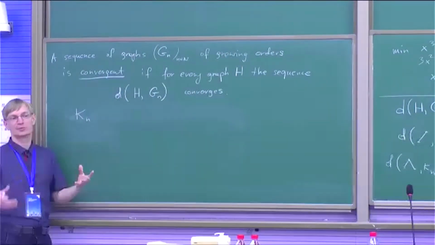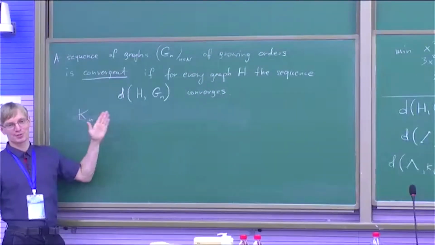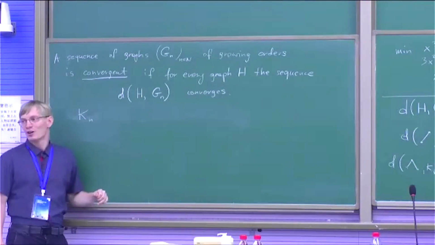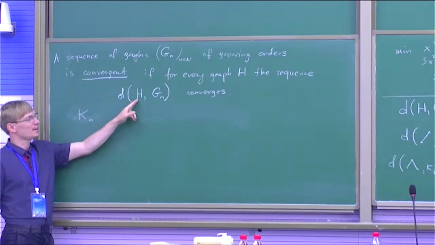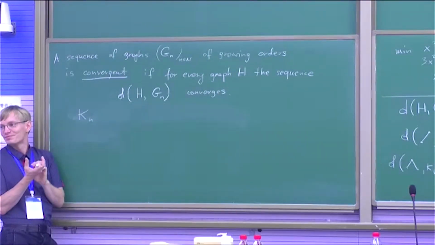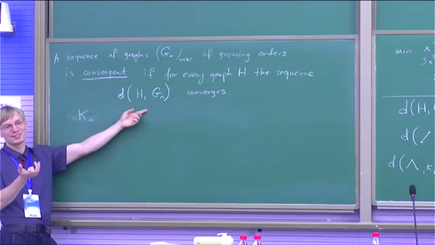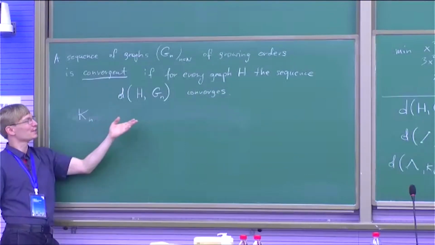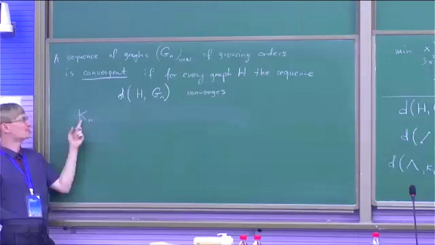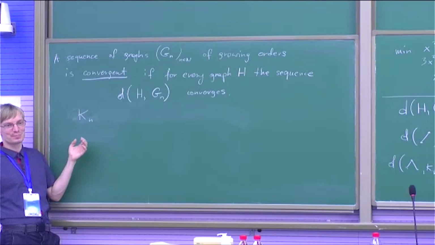And from some moment, it will be 1. So it's a sequence which is just zeros, and then 1s, 1s, 1s. And it's clearly convergent. If I take as H any graph which contains a non-edge, then in this sequence, I have just zeros all the time. Right? Okay. So if I have for every H a convergent sequence, then it means that this needs to be a convergent sequence of graphs. Easy?